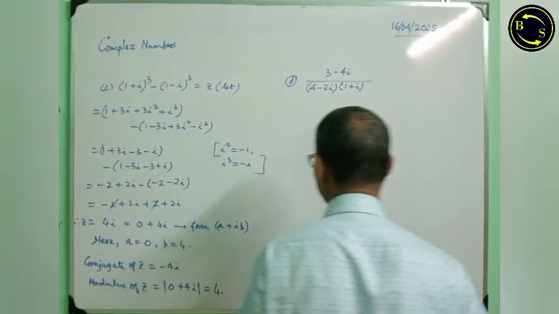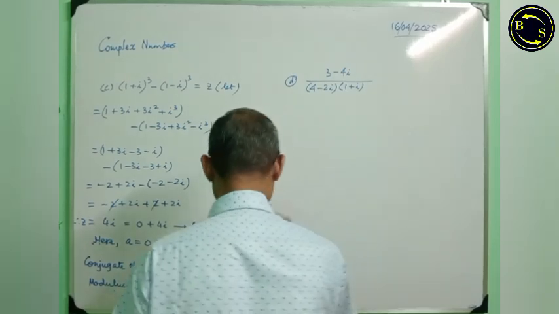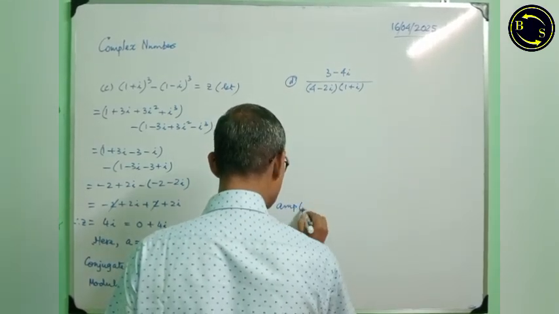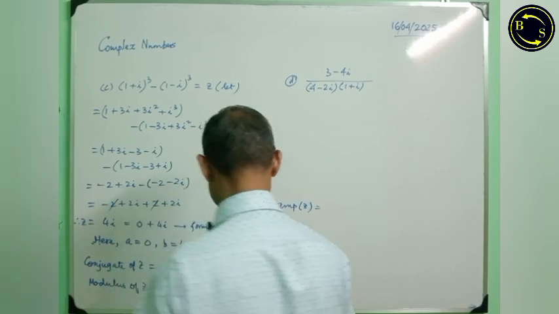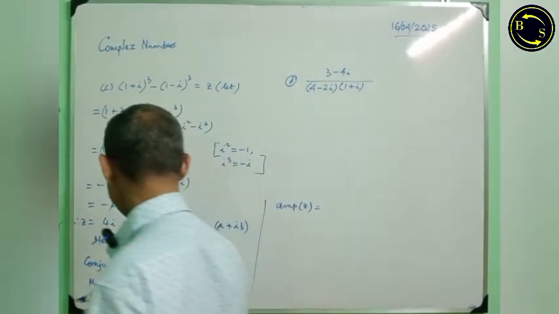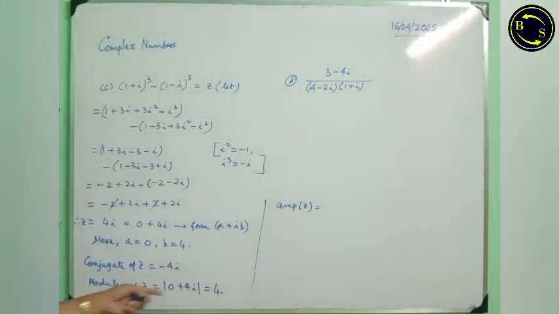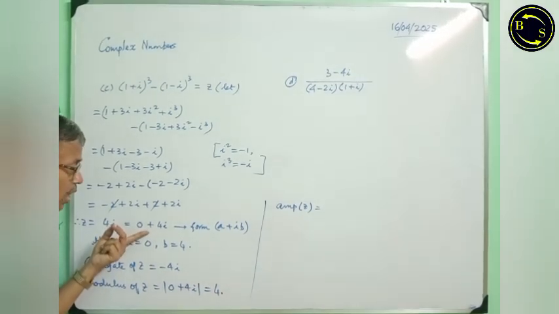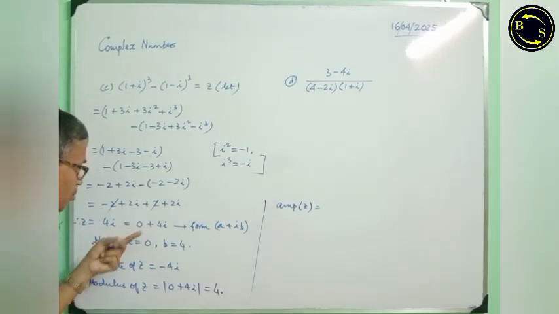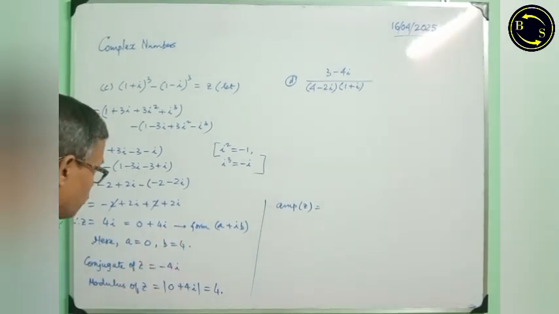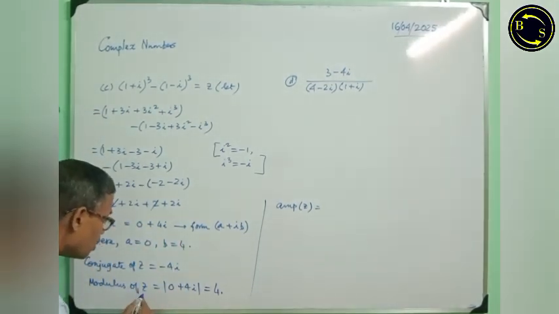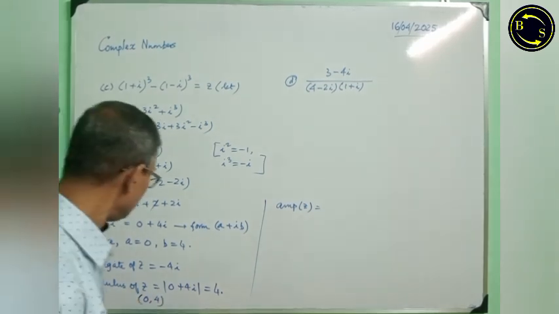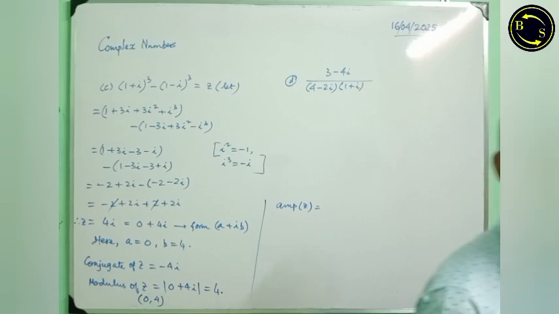Then we find amplitude or argument, amplitude of z. For that, already I have discussed earlier, you first write the given complex number in coordinates form. That means it is 0, 4.